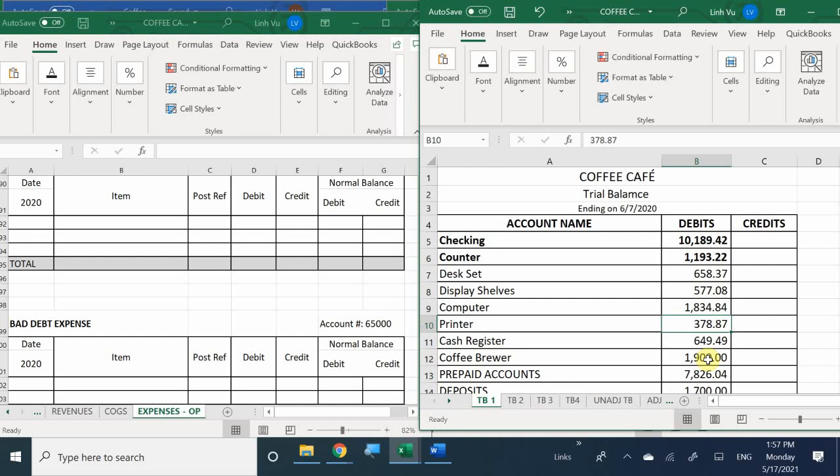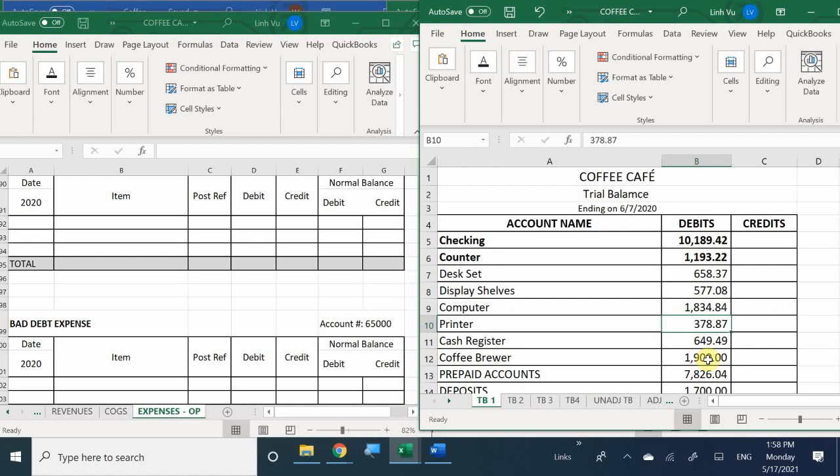Now, what if you made a mistake in your journal and posted it to your ledger, and it wasn't a fat-fingered number, but you made it match on both the debits and credits? Unfortunately, you will not be able to differentiate it, because it's going to come out even on both sides.